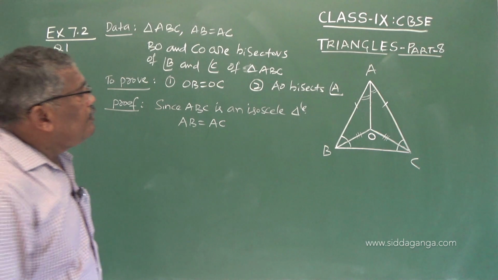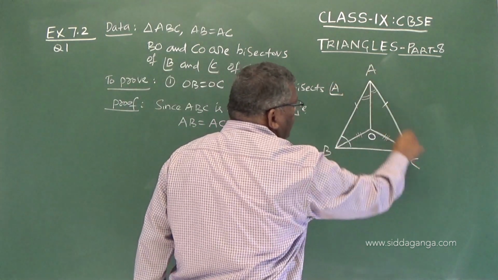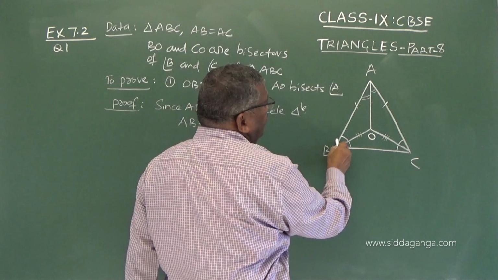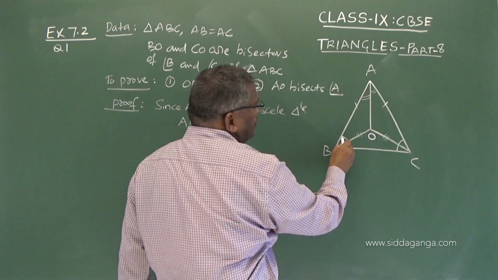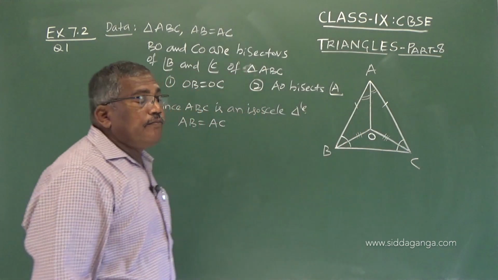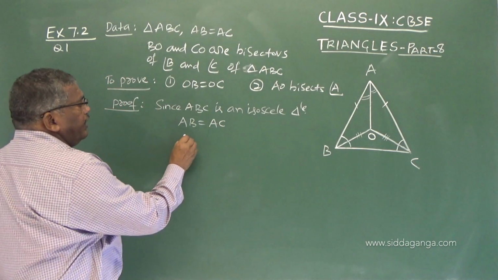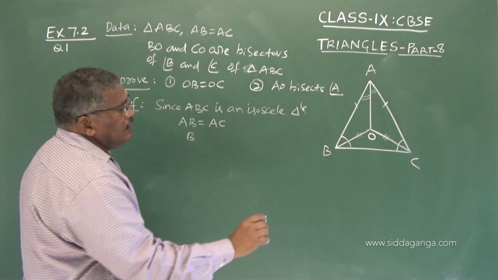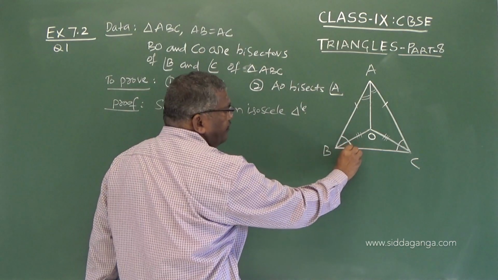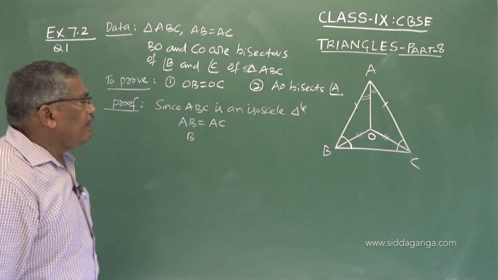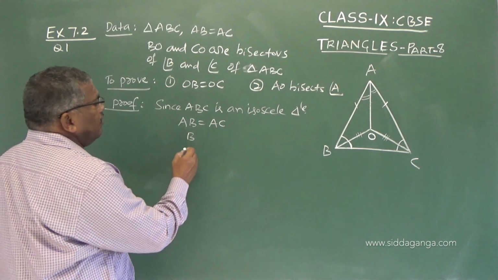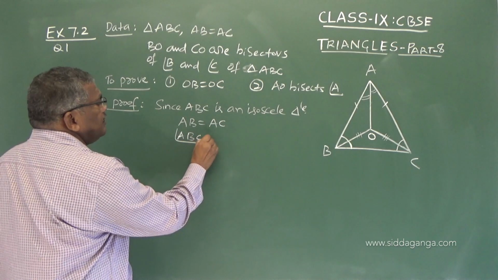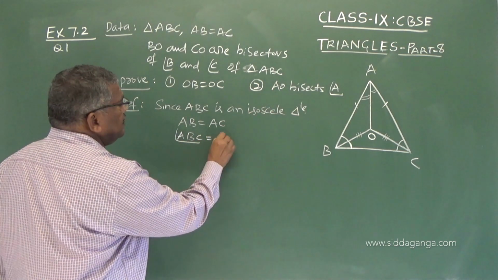Now, since AB equals AC, the angles opposite to these equal sides, that is total angle B. When I write only angle B, it refers to the total angle B. So angle B, or I will write angle ABC, is equal to angle ACB.